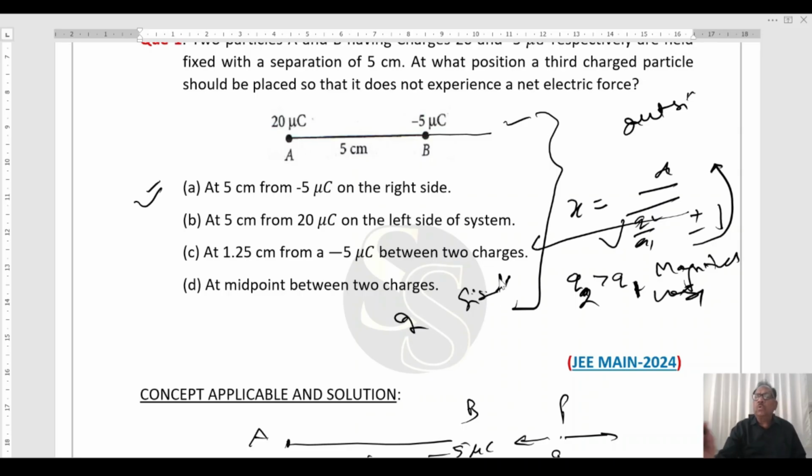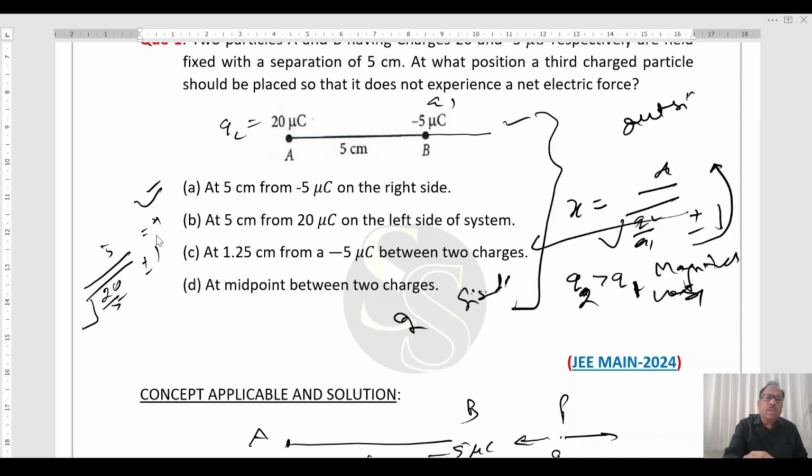Now directly: d is 5, upon under root of 20 divided by 5, plus minus 1.